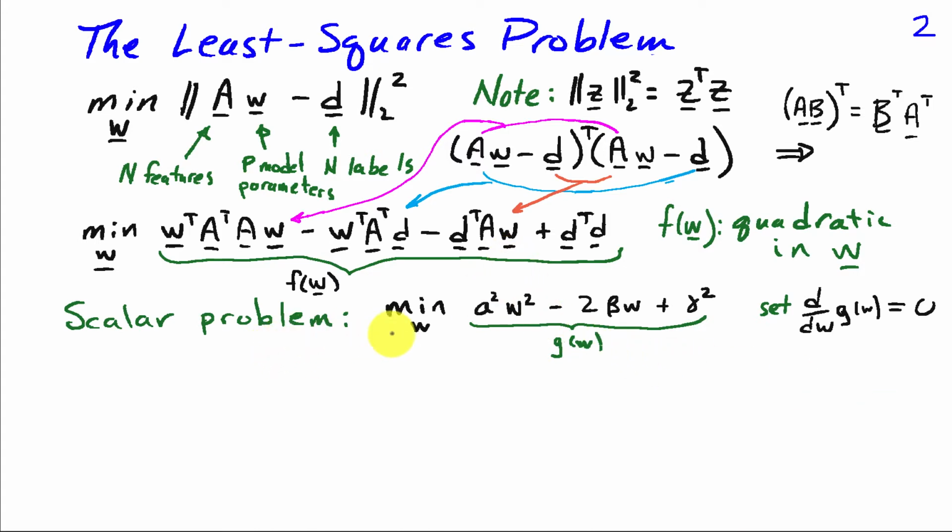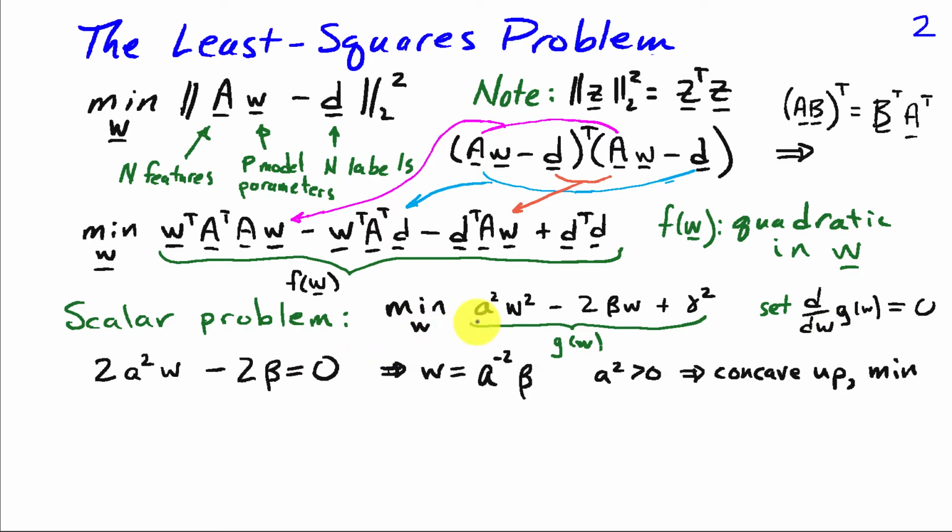and see how we solve that, because that's going to be the pattern that we'll use. So recall, if we minimize with respect to some w a quadratic function of w, a squared w squared minus 2 beta w plus gamma squared, one way to do that is to differentiate this quadratic function g with respect to w and set that equal to 0.